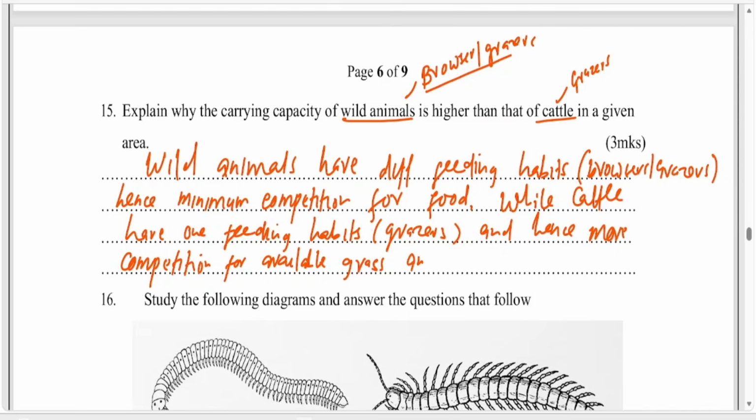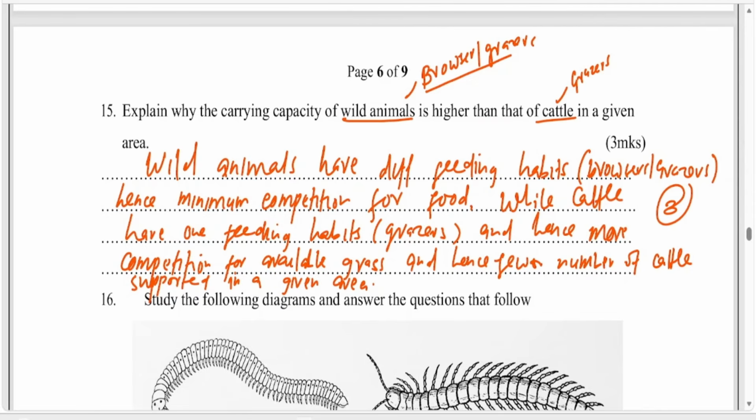Hence a fewer number of cattle are supported in a given area. So, giving that description, 3 marks.